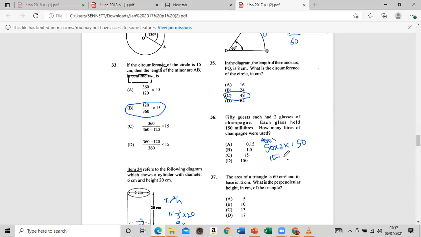In all, we have 15,000 milliliters. So we know that 1,000 milliliters is equal to 1 liter. So we just divide this by 1,000. So that's 15 liters.